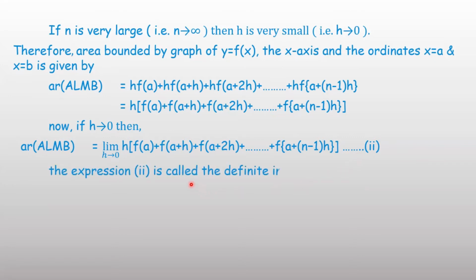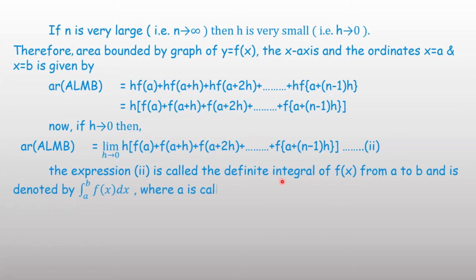The expression is called the definite integral of f(x) from a to b, denoted by the integral from a to b of f(x) dx, where a is known as the lower limit and b is the upper limit.